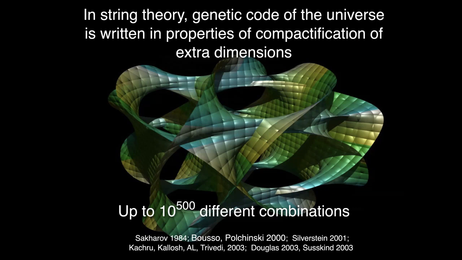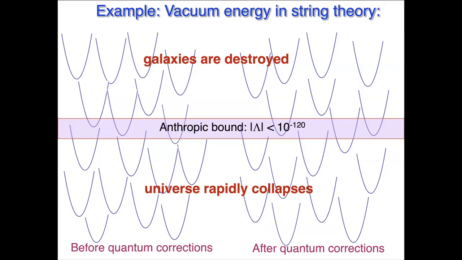You have a possibility in principle that our universe may exist in many different states. And this is the only presently available explanation of why vacuum energy is so small. Because you may have these billions of different minima of vacuum, and look at the left part before we start calculating quantum corrections to potentials, and the right part after you start calculating quantum corrections.